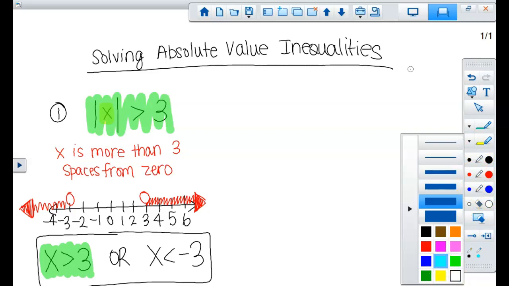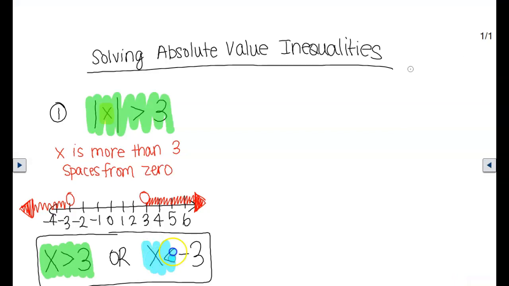Now what I want you to do is look at your negative case. So let's look over here at our negative case. How does this negative case that I have over here compare with my positive case? Well, this one said that x had to be greater than 3. This one says that x has to be less than a negative 3. So I want you to notice two changes have been made.